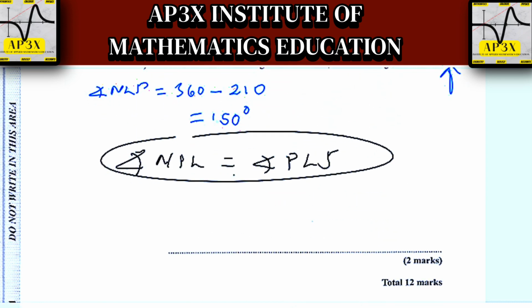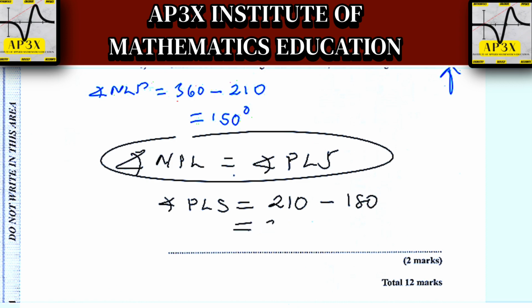My concluding statement is that angle PLS is going to be equal to 210 degrees, which is the bearing of P from L, minus the north-south angle, 180 degrees.